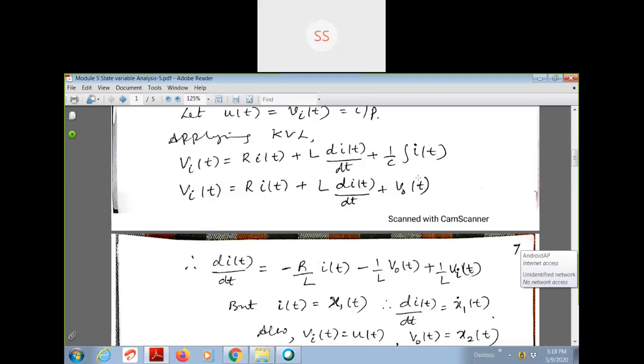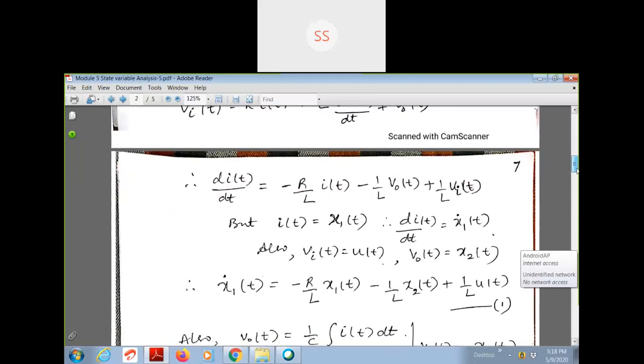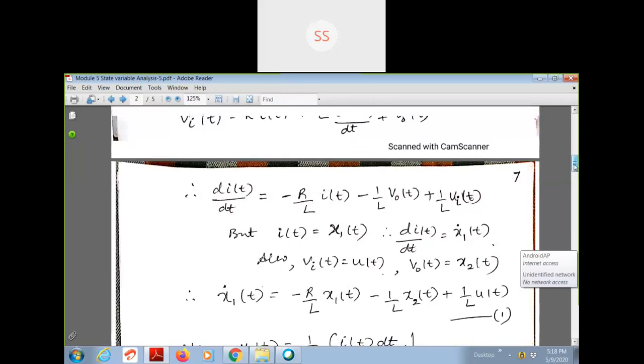So that we have both state variables in our equation, one is vo of t and the other one is i of t. Now to write the state equation, on the LHS we want the rate of change, that is d by dt of i of t, and we have to transfer all the other terms to the other side.